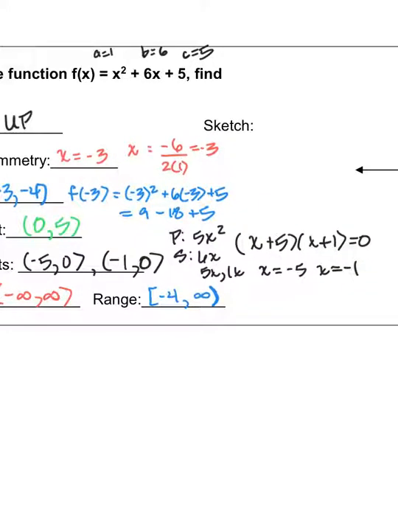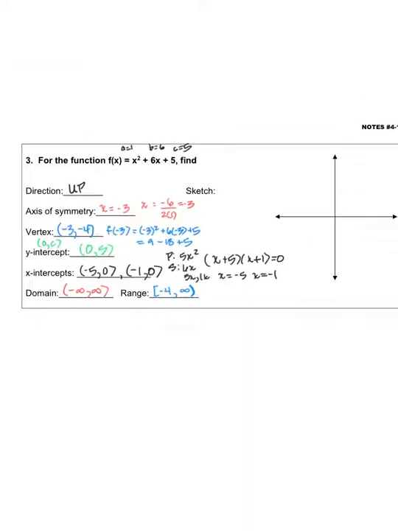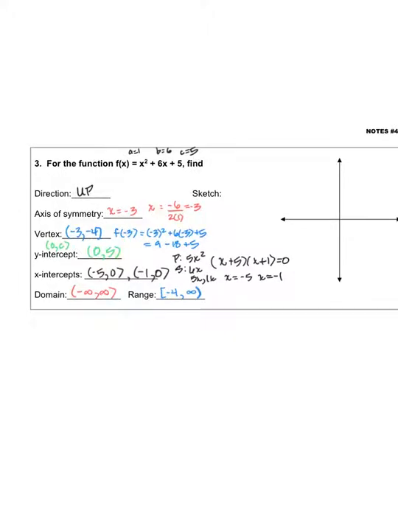Okay, so let's sketch what we know. Okay, we know the axis of symmetry is x equals -3. And we know that the vertex is -3, -4.